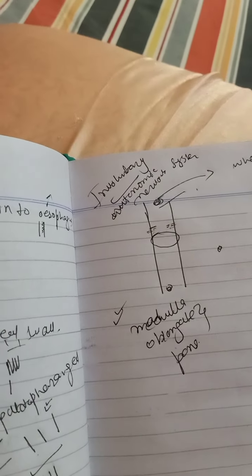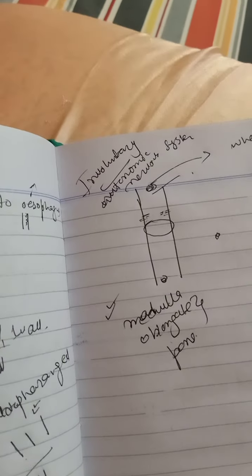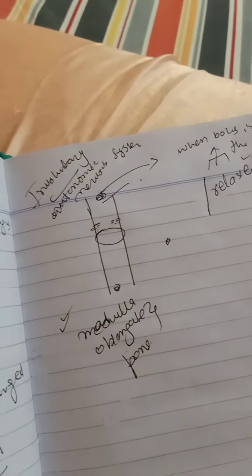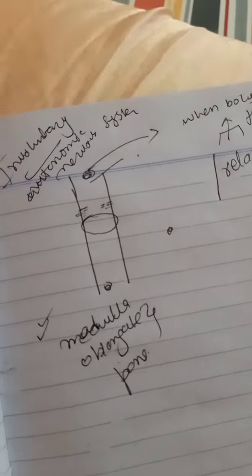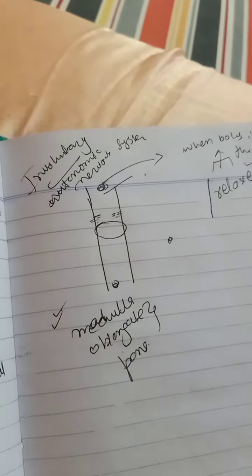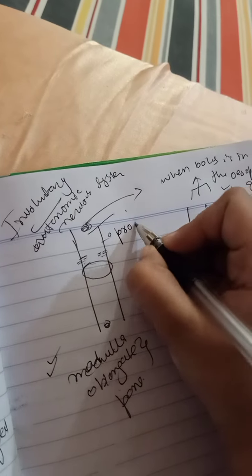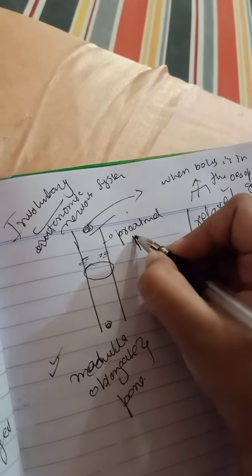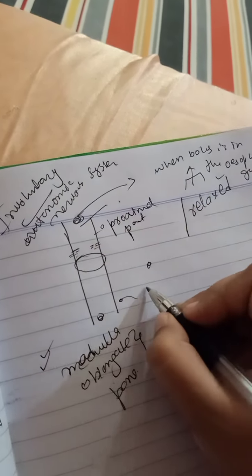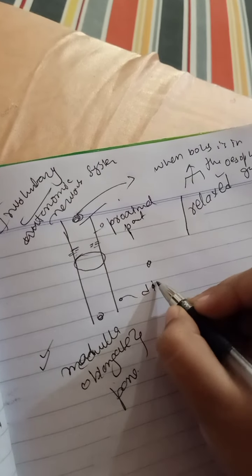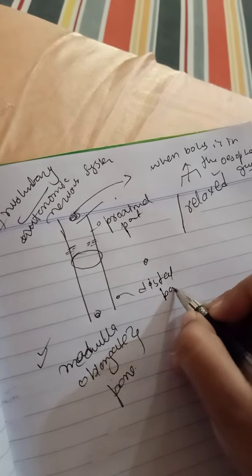We have muscles in the esophagus, and sphincters as well. This is the proximal part, the upper part. This is the distal part, the downward part.